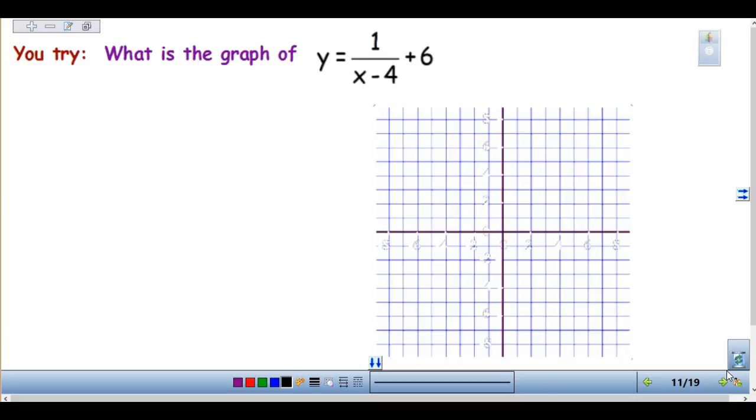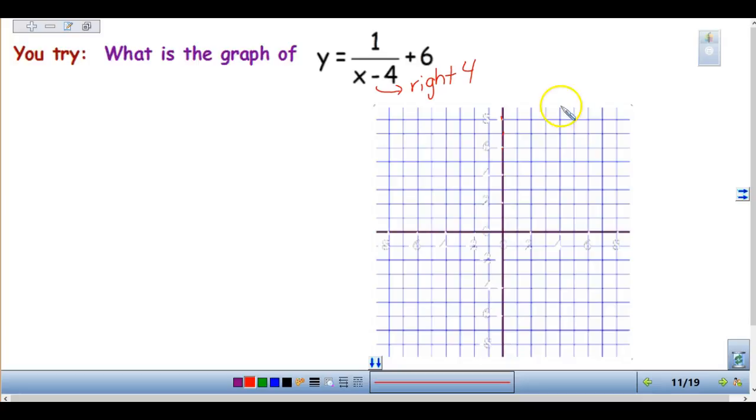Okay, so normally our asymptotes are at x equals 0, this one right here. Instead of x equals 0, how's this moving? To the right 4. So this is going to the right. So this line right here has to also move right 4.